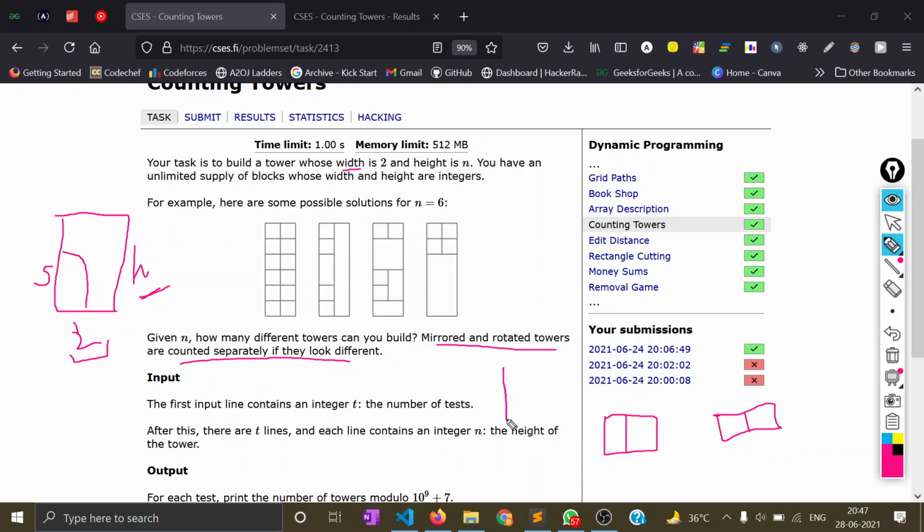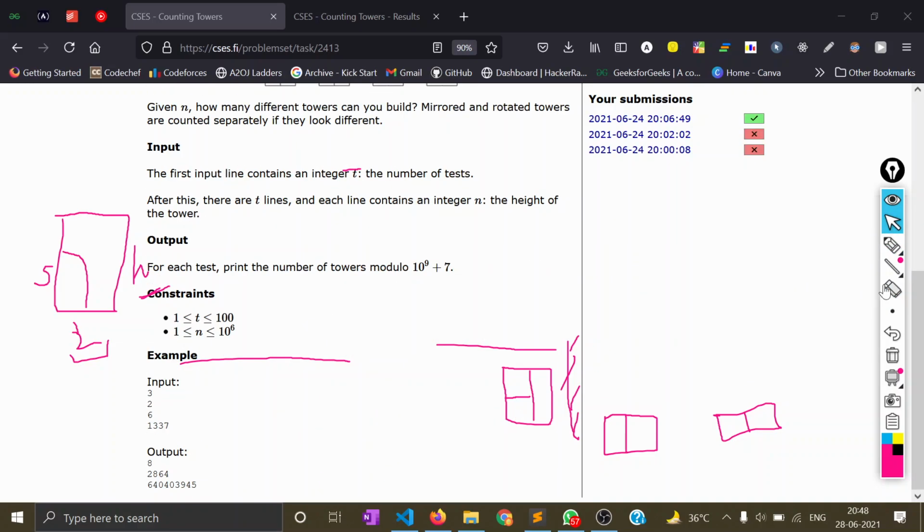But if we consider this block, the mirror image of this block would be this. And these two towers, of course, look different. So these two are counted separately.